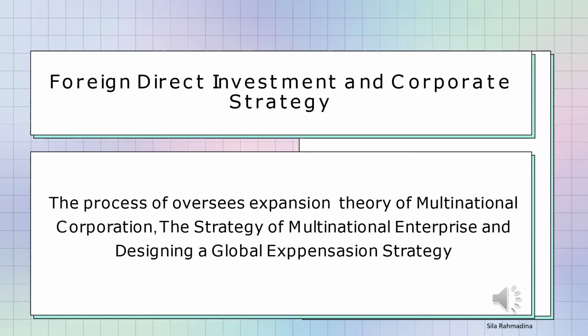The first one is the definition of foreign direct investment and corporate strategy. This is the process of overseas expansion, the theory of multinational corporation, the strategy of multinational enterprise, and designing a global expansion strategy.